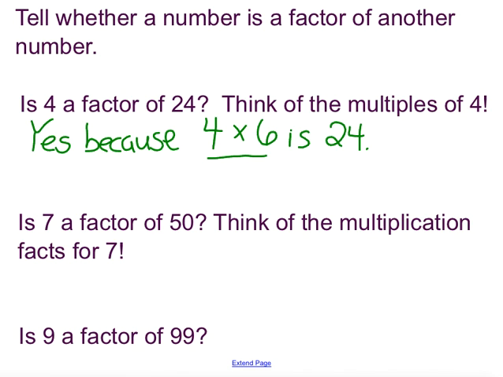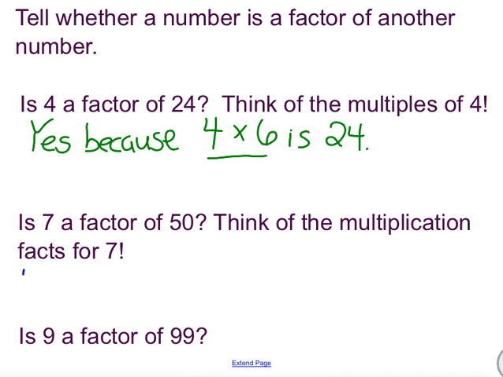Well, if I do my 7 times tables, I know that 7 times 5 is 35, 7 times 6 is 42, 7 times 7 is 49, and 7 times 8 is 56. So we didn't get a product of 50.